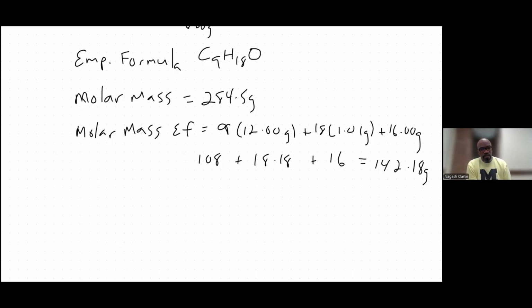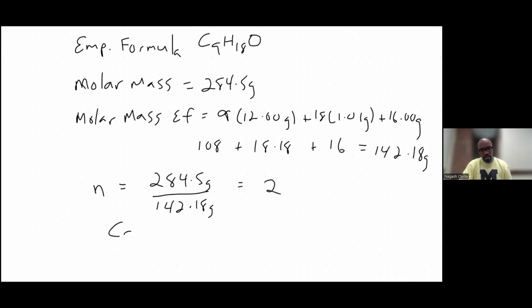Then I define my multiplier n: I divide the given molar mass by the calculated molar mass of the empirical formula, and it's around 2. So I take my C9H18O and multiply those subscripts by 2, and end up with C18H36O2. And that's my molecular formula.